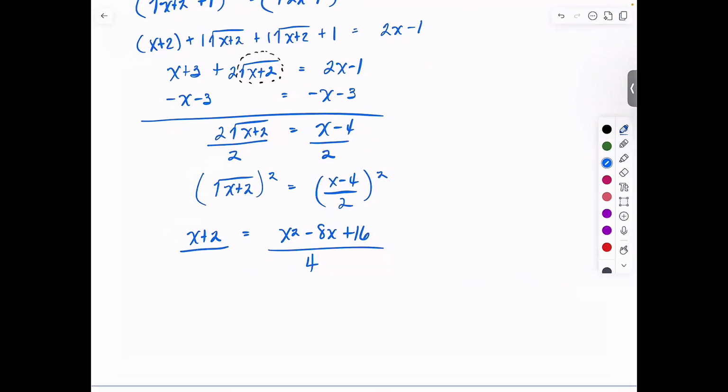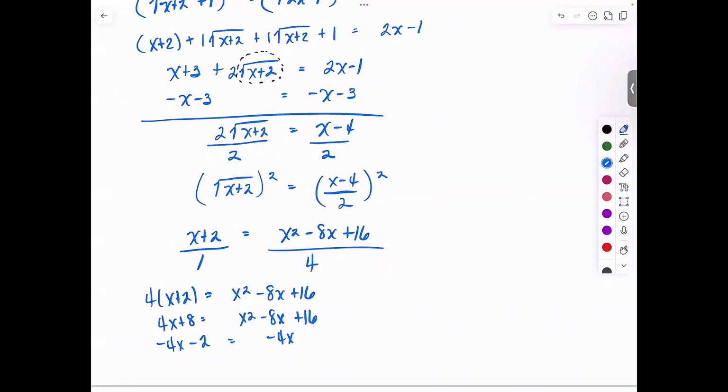Almost done. I like to get rid of that 4 on the bottom, so I'll simply cross multiply and see what shakes out. Now remember, we have a quadratic here that we need to solve to find x. Our goal is to combine all the terms on both sides, and that means moving the 4x and the 8 over. That's not a 2, that's an 8, I'm sorry.